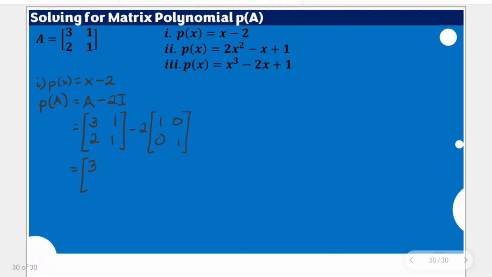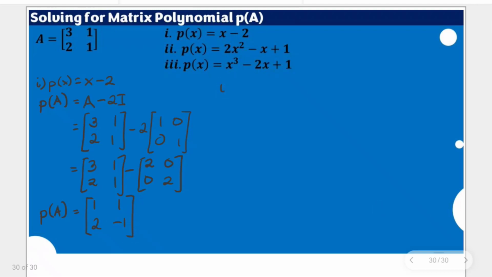This is still 3, 1, 2, 1. Minus 2, 0, 0, and 2. This is why the result for the P of A for the first given polynomial is a matrix of 1, 1, 2, negative 1.